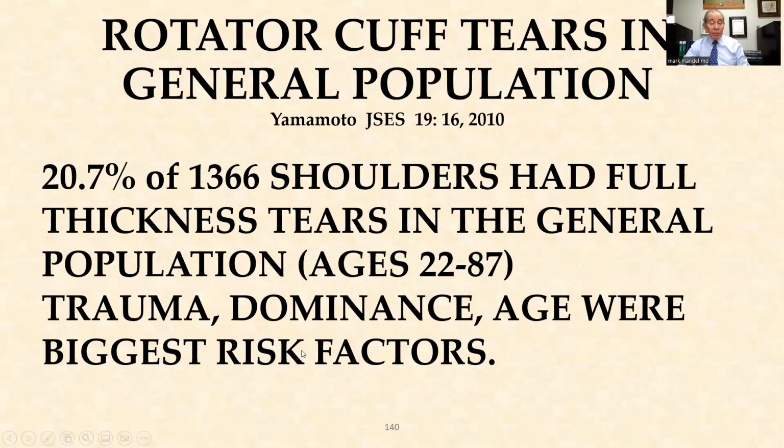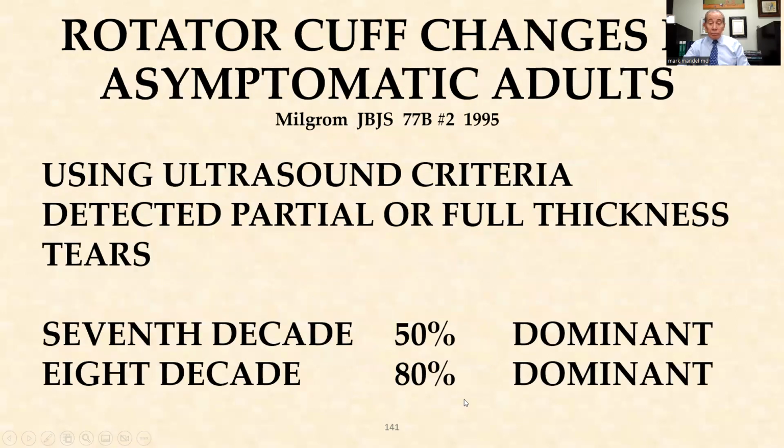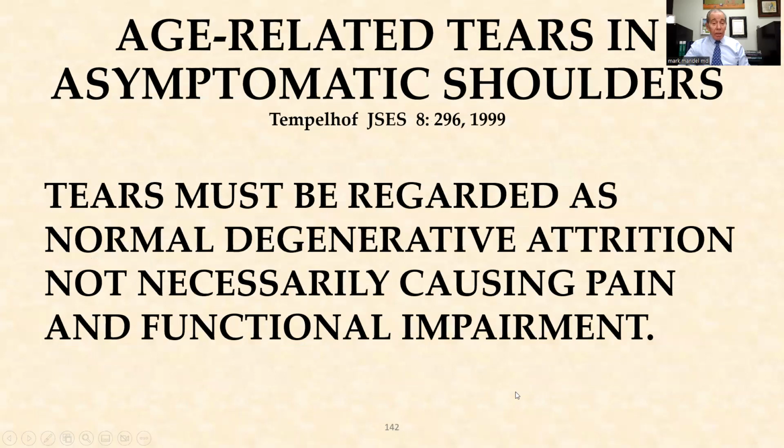He found that trauma, dominance, and age were the biggest risk factors. Milgram, in an ultrasound study, noted that 50% of patients in their seventh decade had tears in their dominant right arm and 80% in their eighth decade.